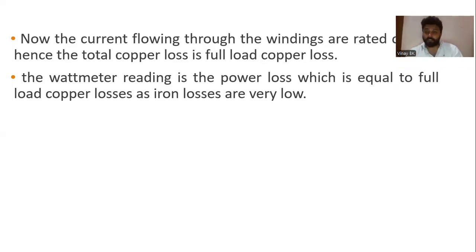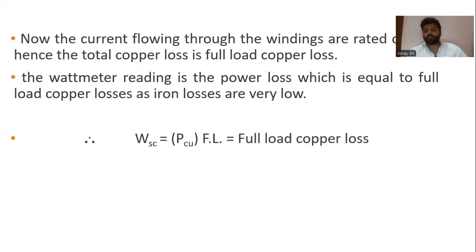Voltage across the short circuit is minimum, hence iron losses are minimum. Where there is a voltage, there is iron loss. Where there is a current, there is a copper loss. So WSC, the short circuit power, is nothing but the full load copper loss.